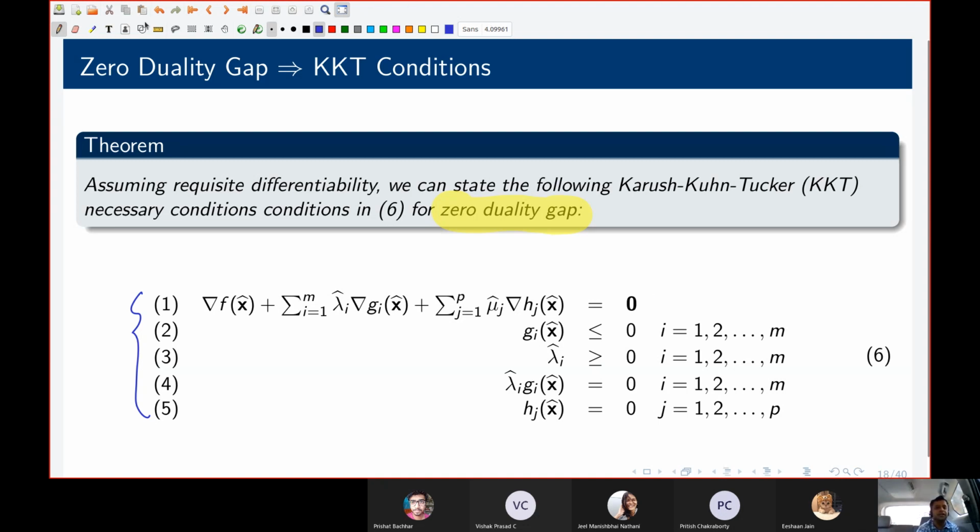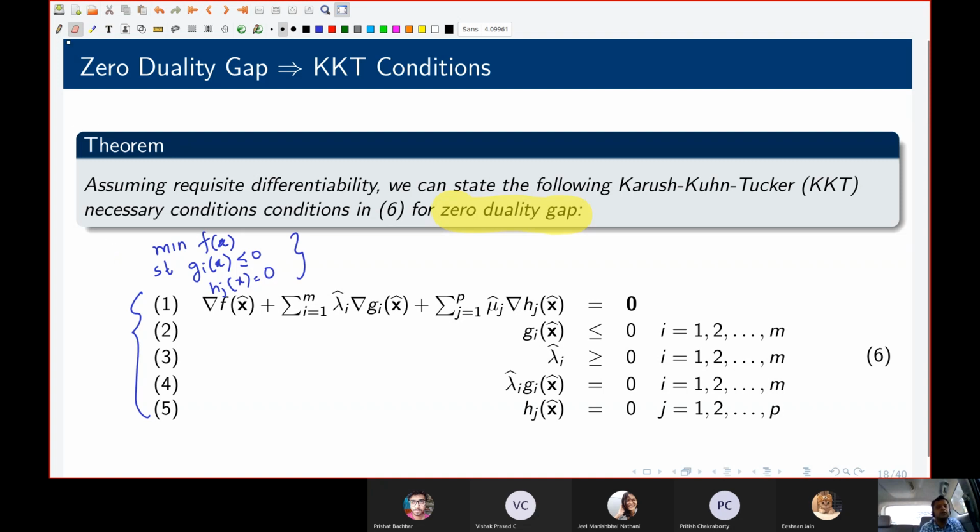Let me state that. What are we saying? The necessary condition says, if you're trying to minimize, same old thing, min over x of f(x), such that g_i(x) is less than or equal to 0 and h_j(x) is equal to 0. This is the optimization problem.